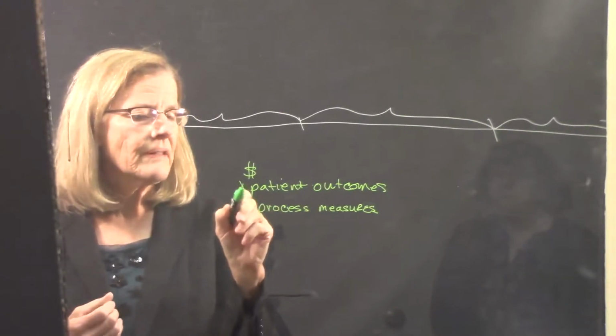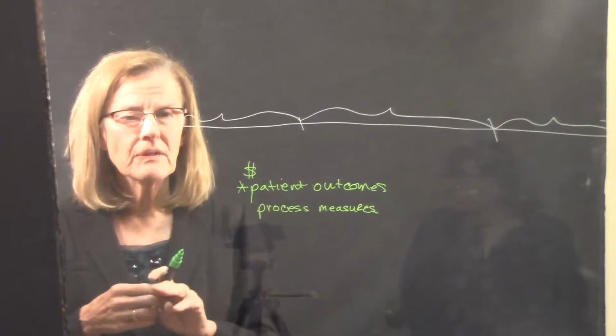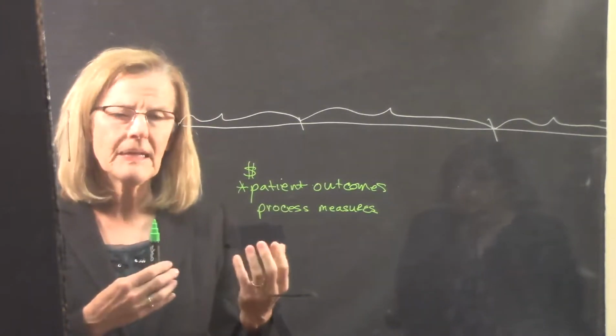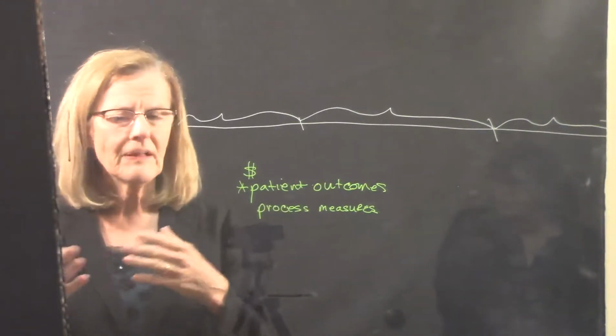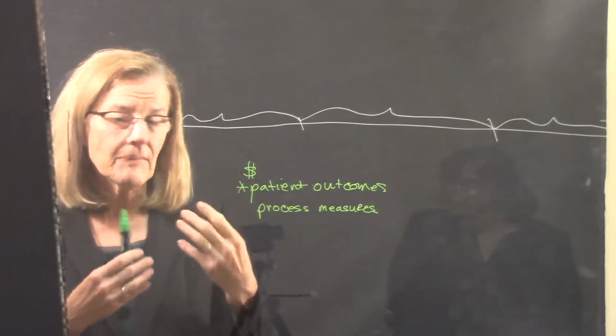Oftentimes we focus on the patient outcomes alone, and that's great. We absolutely need to. The reason that we do anything in nursing has to be tied some way into a patient outcome. We're developing staff, we're developing something specific for the patient, but it all ties back into improving care.